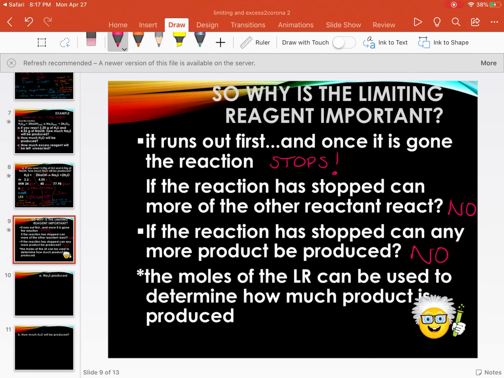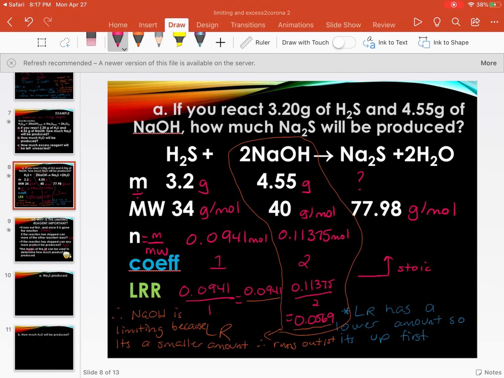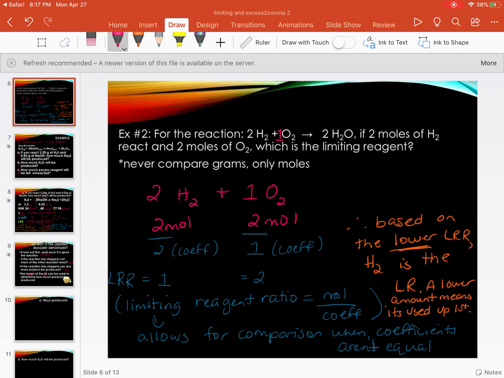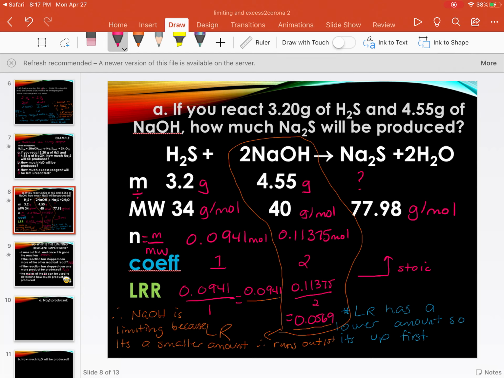No. So the mole line, the N line of the limiting reagent, can be used to determine how much product is produced. Please remember this LRR, we wrote a little thing up here: it allows for comparison when coefficients aren't equal. That's it, okay? It is only used for comparison purposes. We are going to use, as always, the mole amount in the stoichiometric ratio. That's what's the most important, okay?